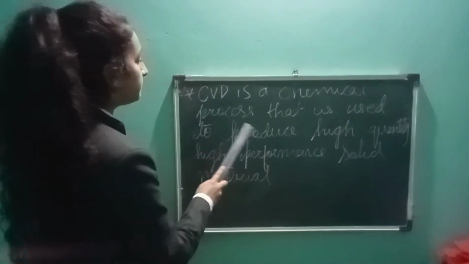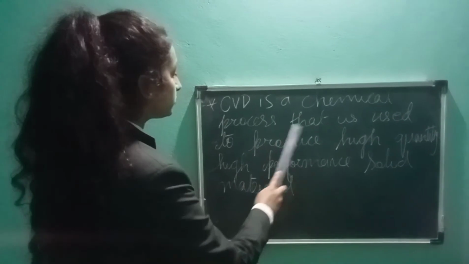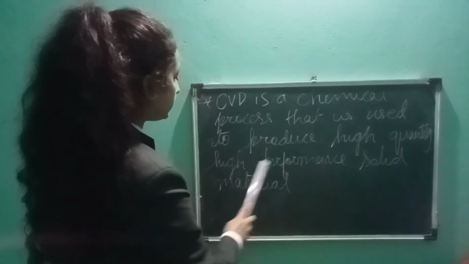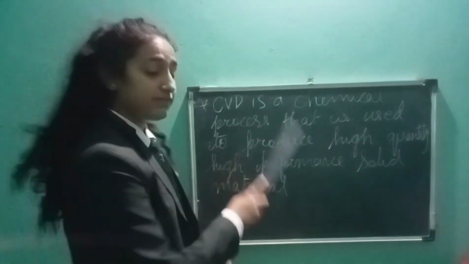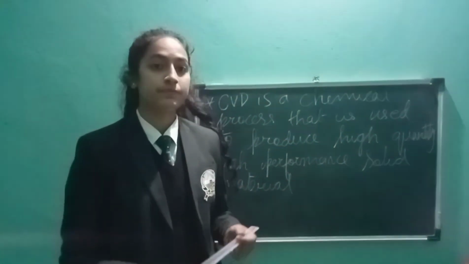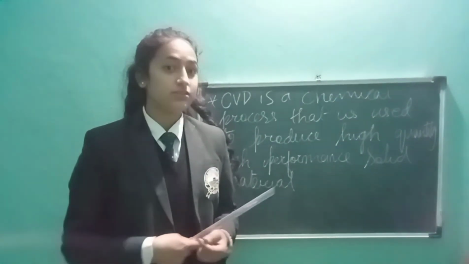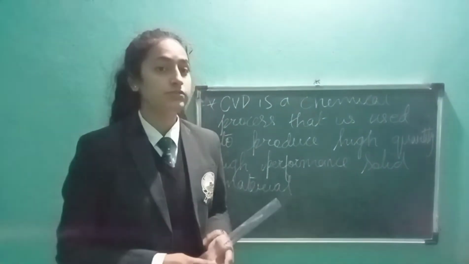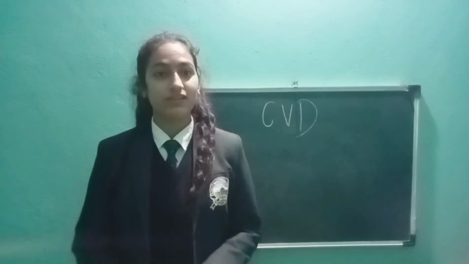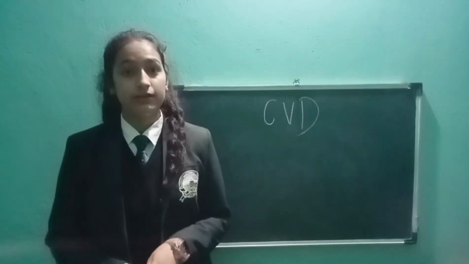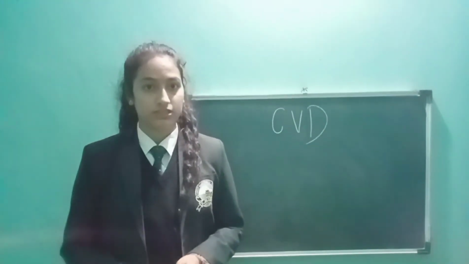CVD is a chemical process that is used to produce high quality, high performance solid material. So CVD is also used in semiconductor industries to produce in large quantities. In CVD, solid material is deposited from vapor by chemical reaction.